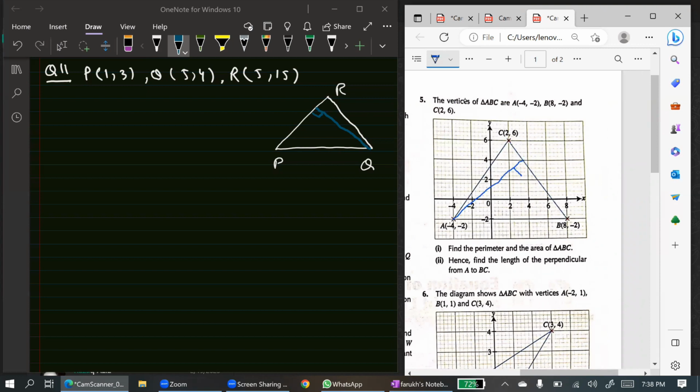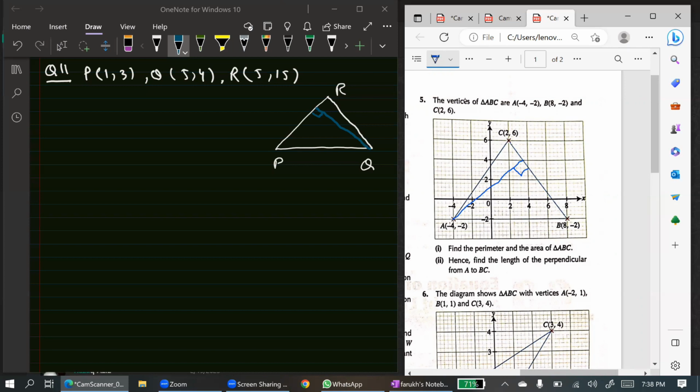This one is the length of the perpendicular from A to BC. We have used the formula of the area to find out this length. The formula of the area is half base into height. Do you remember?